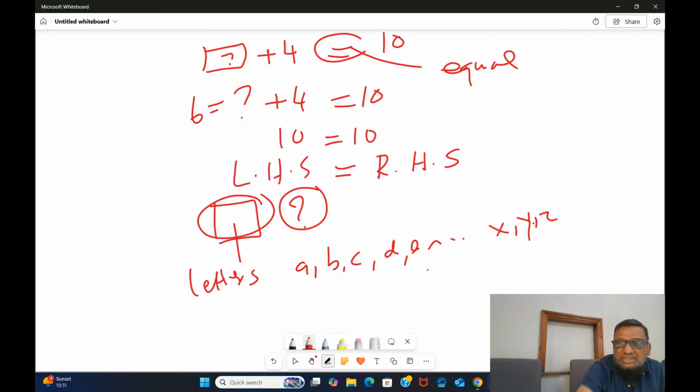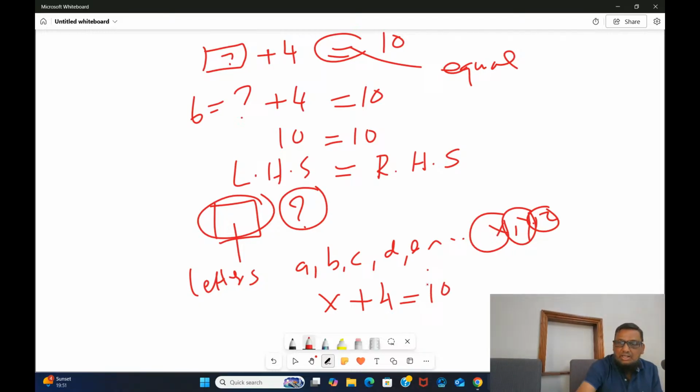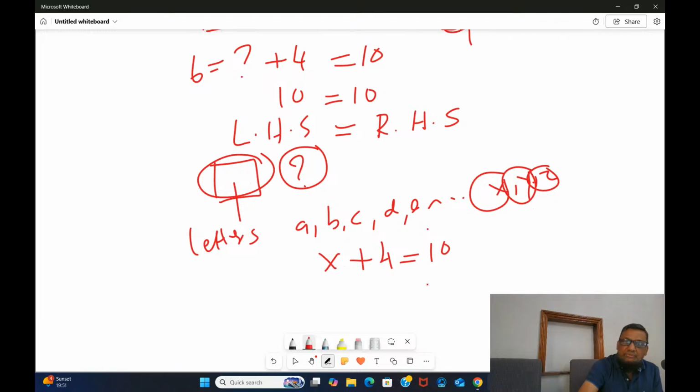The most popular letters are X, Y, and Z. So the examiner, rather than using a box, writes for example X plus 4 equal to 10, and asks what is the value of X. The proper way is minus 4 on both sides, so X equals 6.